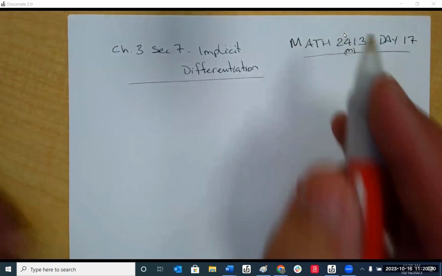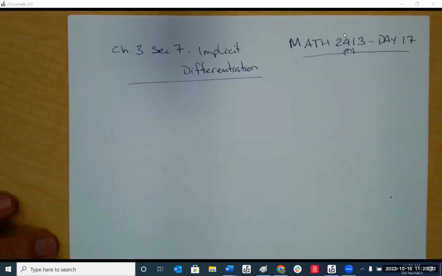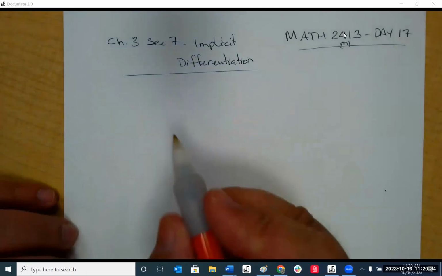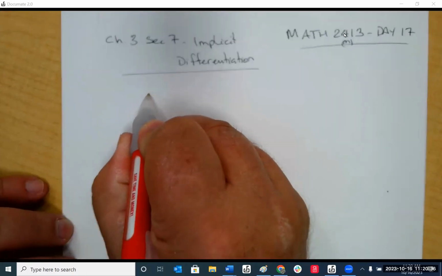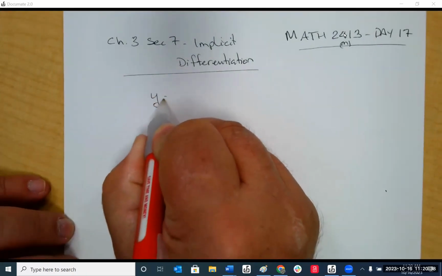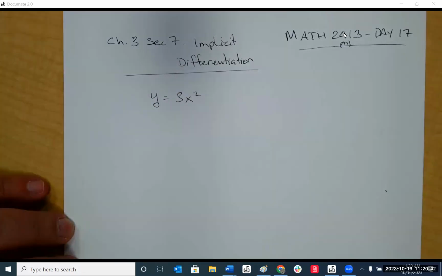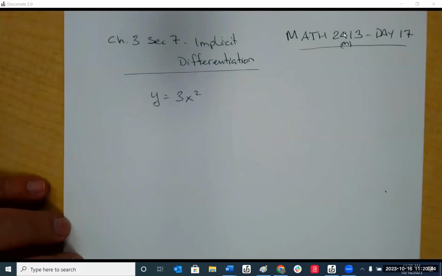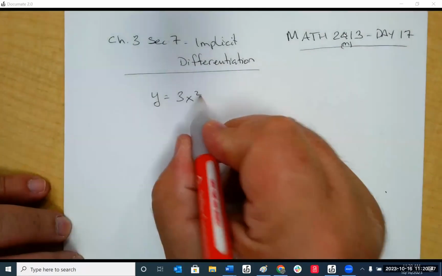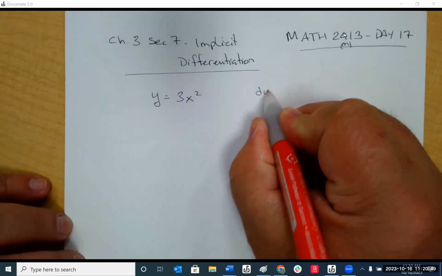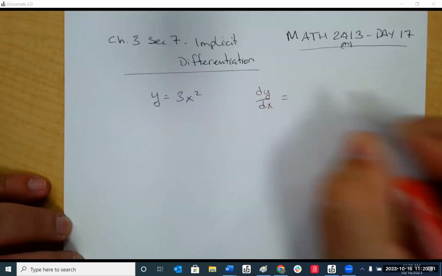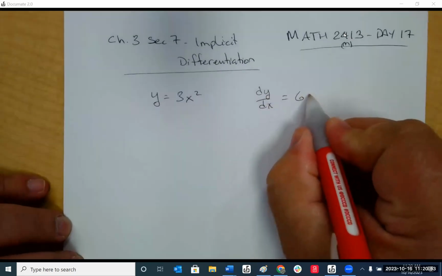That's what implicit differentiation is. For example, if I had y equals 3x squared, dy dx would give me 6x.